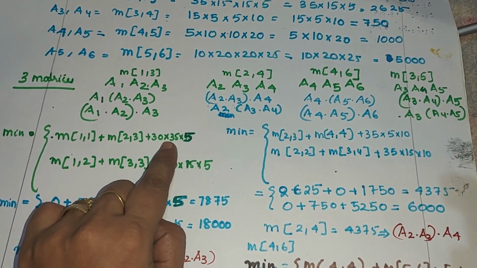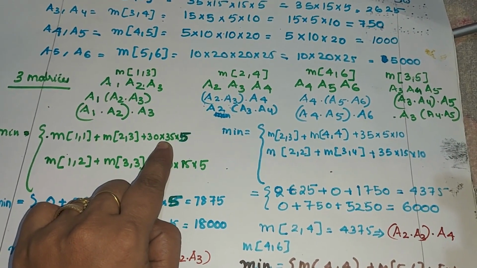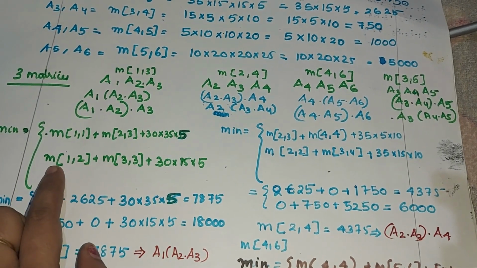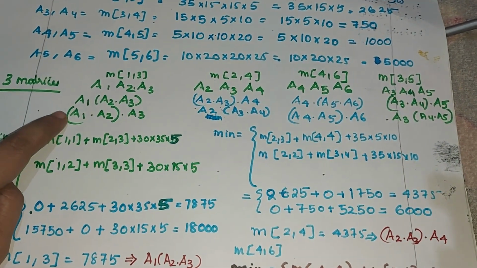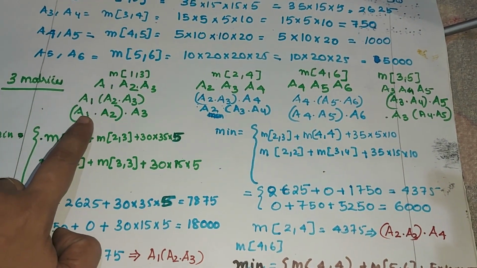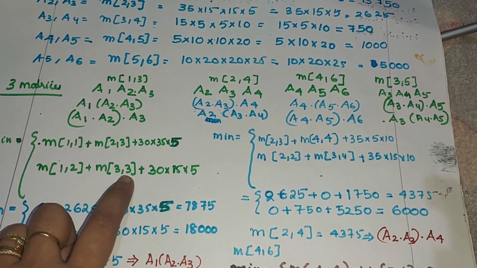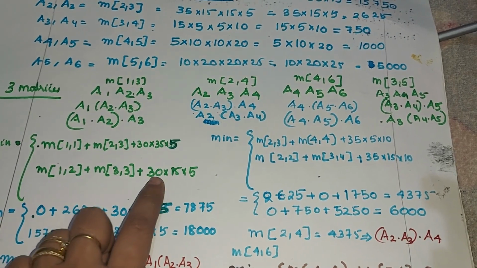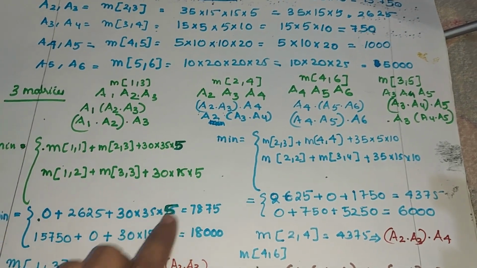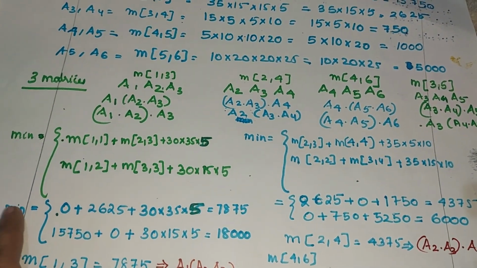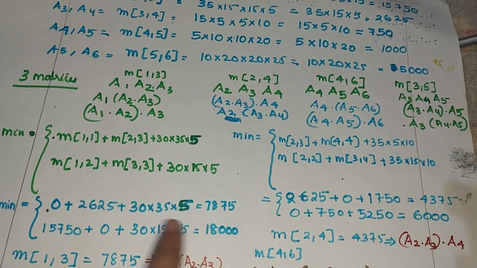For this you can refer to the previous video on dynamic programming. Next combination is this, and that we will write as M1,2 plus M3,3 plus 30 into 15 into 5. So the answer will be 7875.